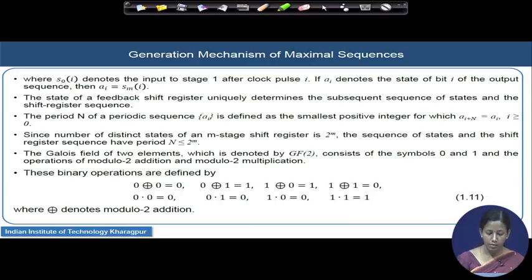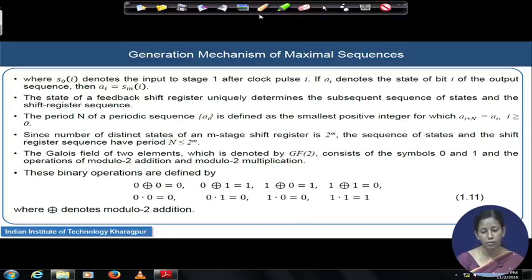And see, if the state of the feedback shift registers uniquely determines the subsequent states and the shift register sequences, and we consider that the period of the generated sequence AI is equal to capital N, then the period can be defined as the smallest positive integer for which the value AI plus N repeats the AI value.